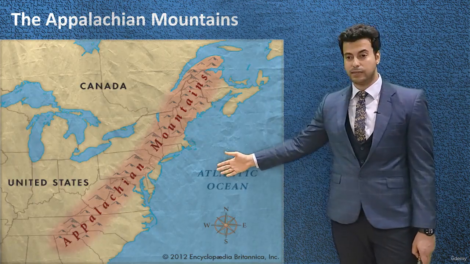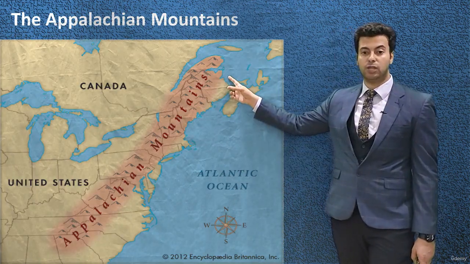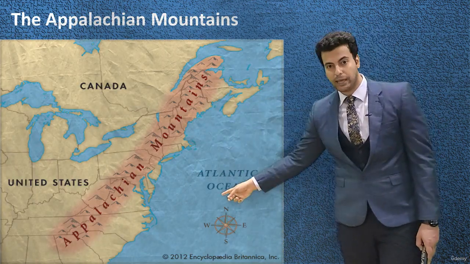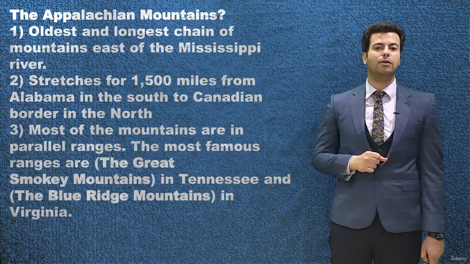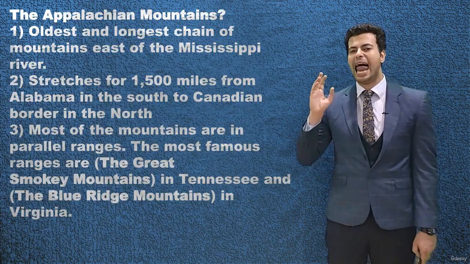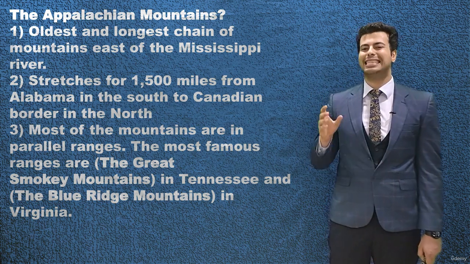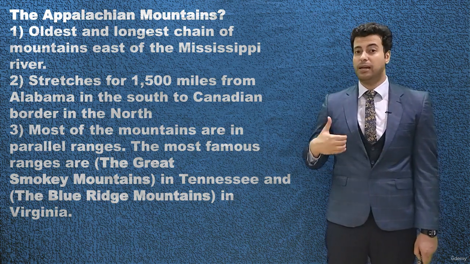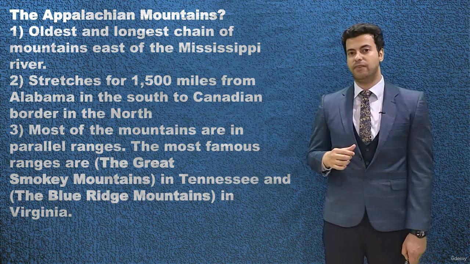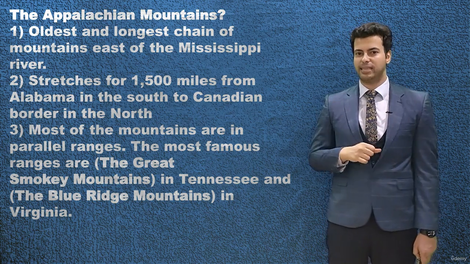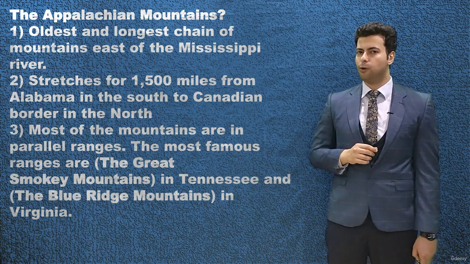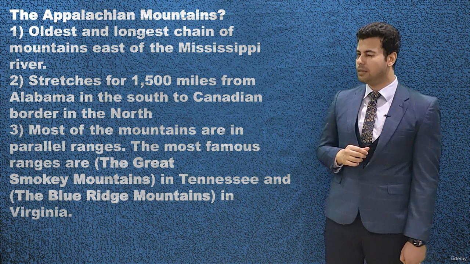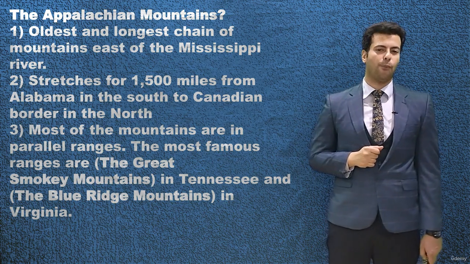The Appalachian Mountains. As you can see in the map, they stretch from Canada in the north to the southern part of the United States. The Appalachian Mountains are the oldest and longest chain of mountains east of the Mississippi River, because later on, west of the Mississippi River, we'll be taking the Grand Canyon, where some of the rocks were formed 1.2 billion years ago.